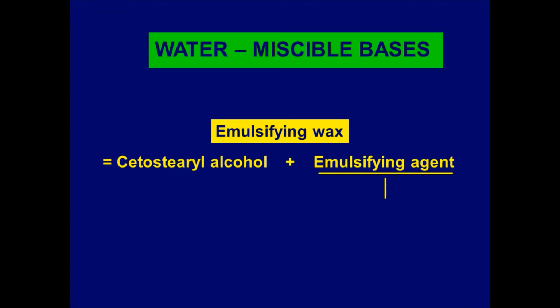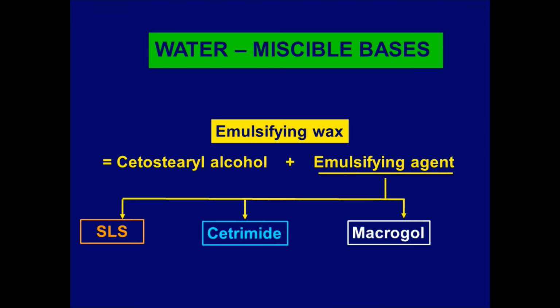This emulsifying agent may be sodium lauryl sulfate or cetrimide or macrogol. As we know from surfactants in the cream part, sodium lauryl sulfate is an anionic surfactant, cetrimide is a cationic one, and macrogol is a non-ionic one.